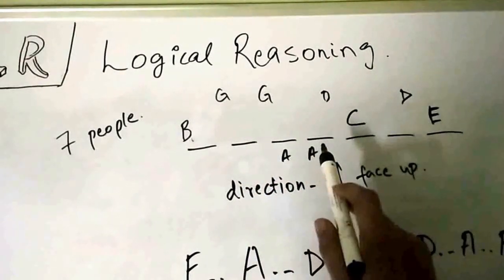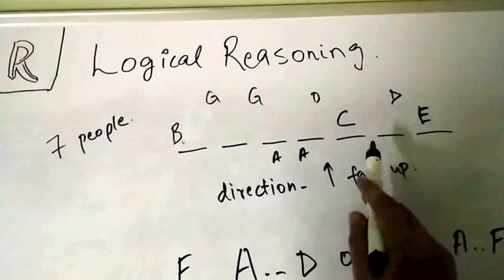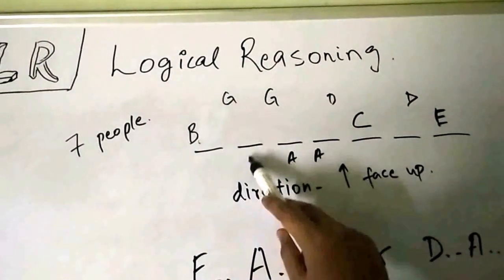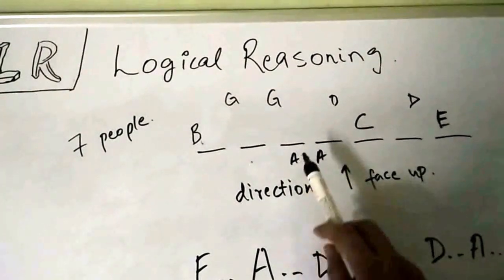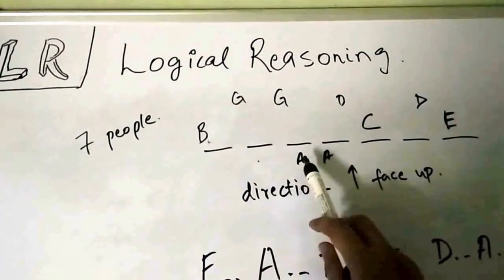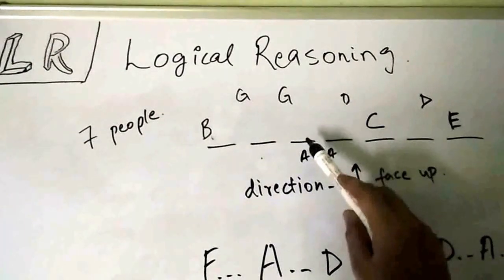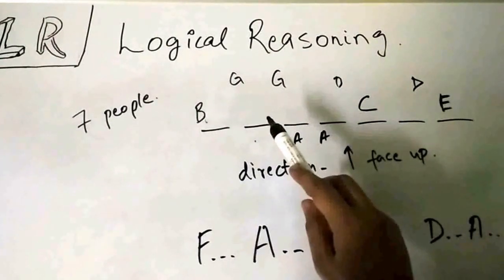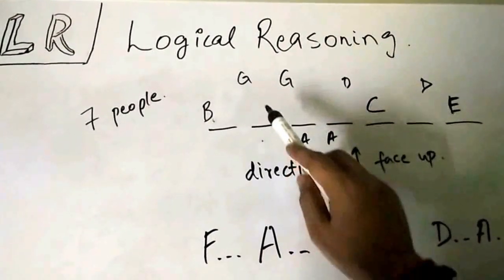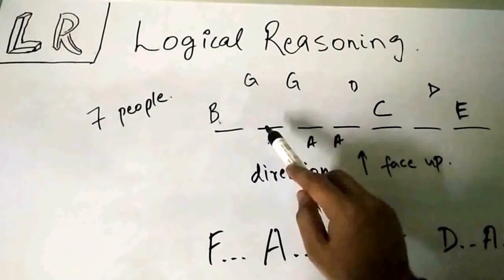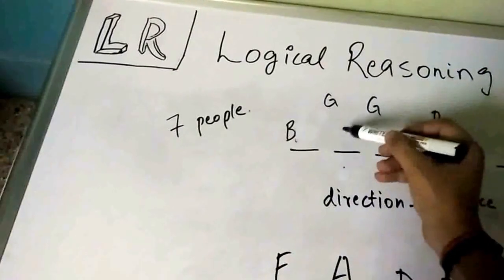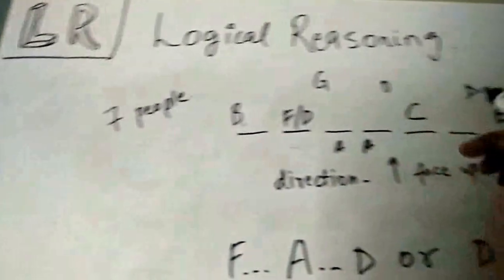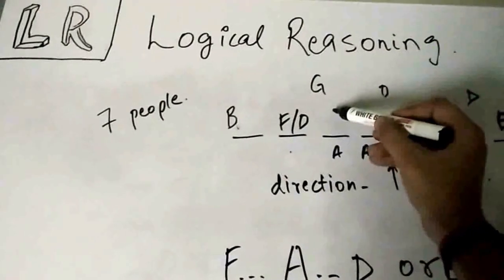And if A sits here, then F and D can sit here and here, which means that one of F or D must be here, because whether A sits here or here, at least one of F and D will sit here. So we are sure that G cannot sit here. This place is reserved for either F or D. So G cannot sit here, and there is only one place left for G, which will be this one.